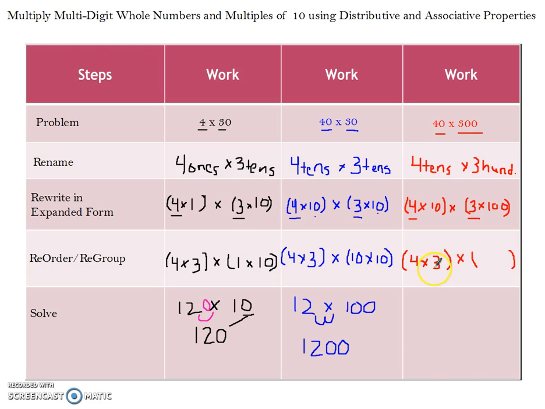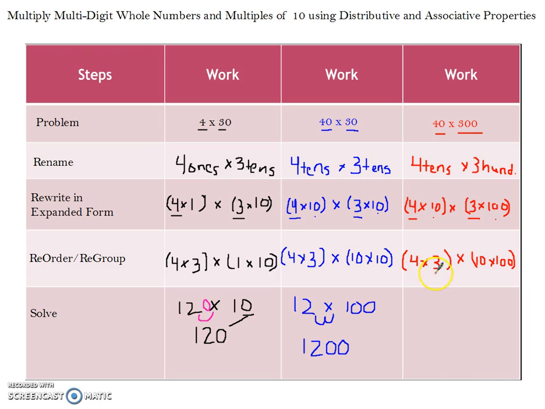And then I'll take my multiples of 10 and multiply those together. So I'll have 10 times 100. Okay.